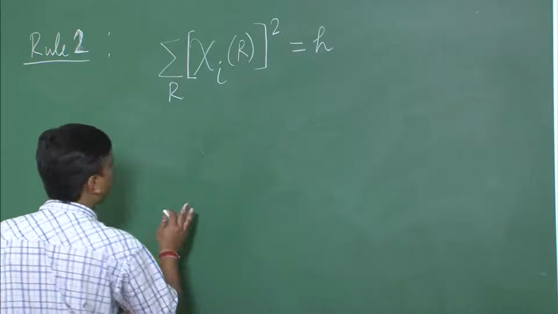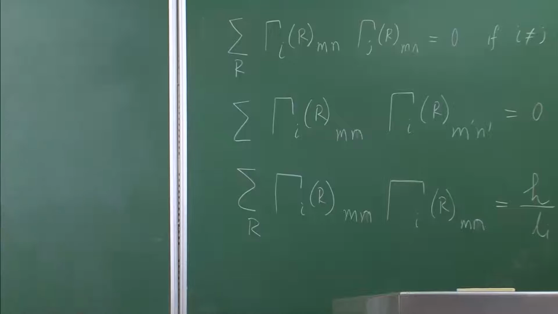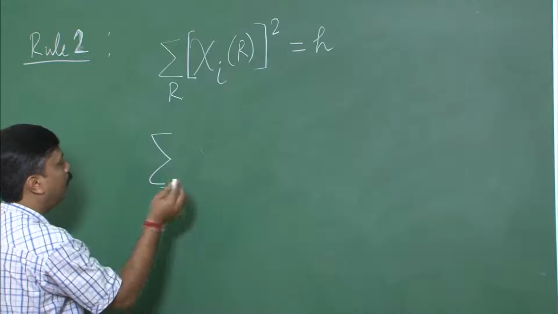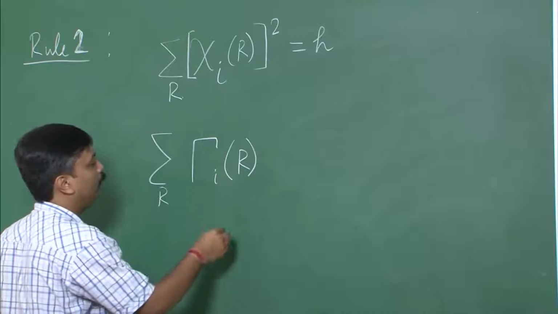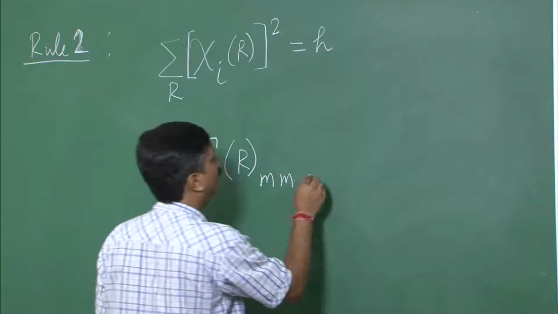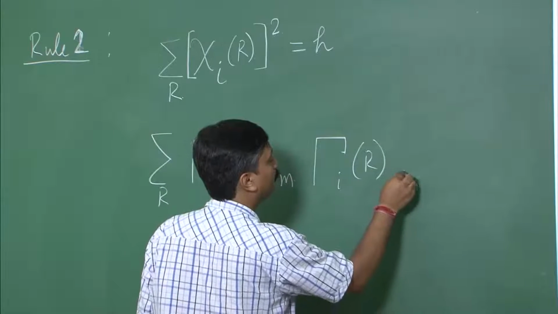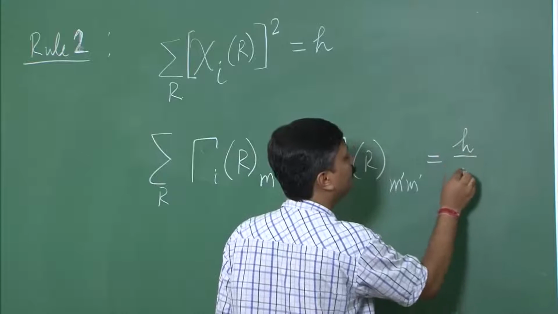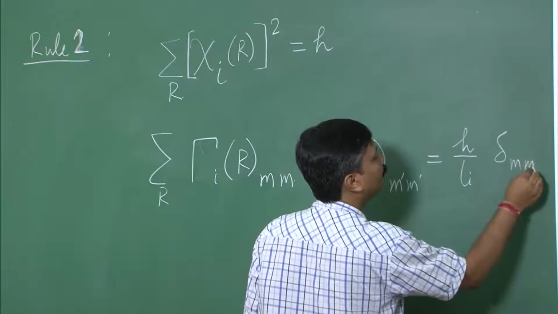How? We can take it from this expression itself, and we can write the sum over R. If I take any particular ith representation for any given operation, this should be equal to h by l_i delta_mm'.